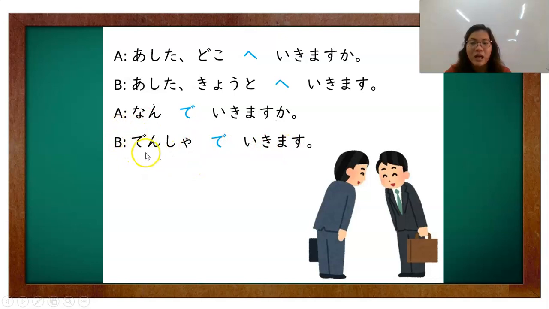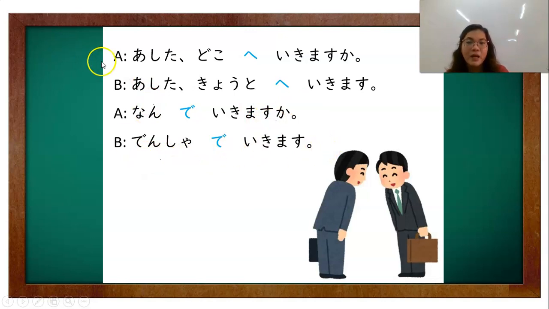Since train ang ginamit mo, that is densha in Japanese, and you add particle de, and then ikimasu. Now let's have a role play for this. I will be A and you will be B. Ashita, doko e ikimasu ka? Nande ikimasu ka?